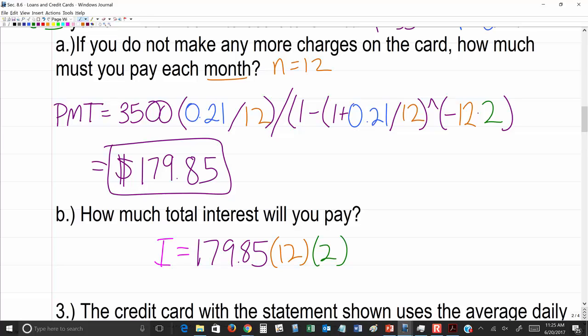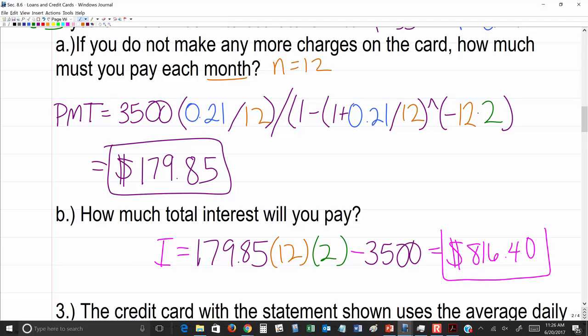So 179.85 times 12 times 2 minus 3,500 is what I should have done. So that's $816.40 of interest.